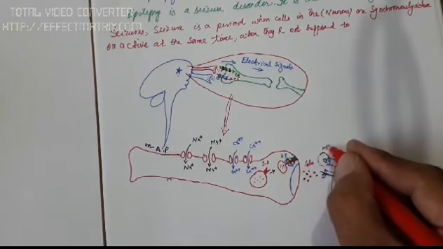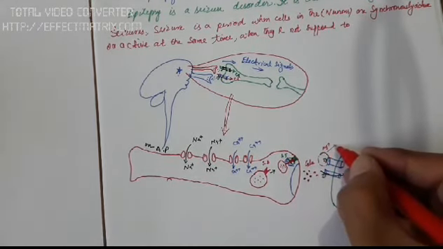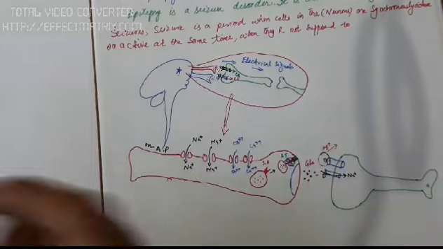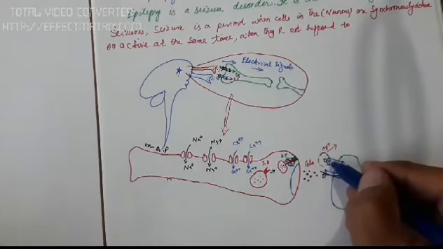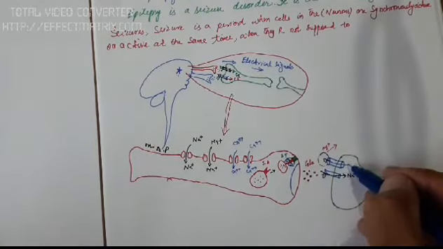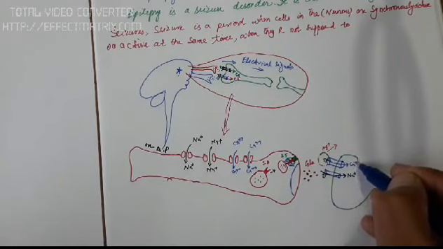Magnesium is also positively charged, so this magnesium will move away. This channel will be open, and this will allow calcium ion to come in.